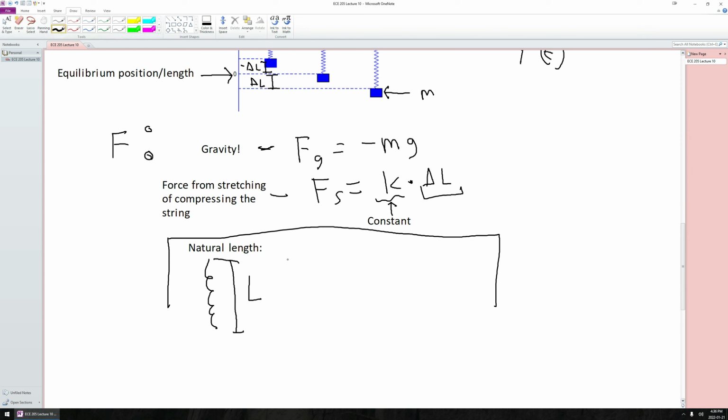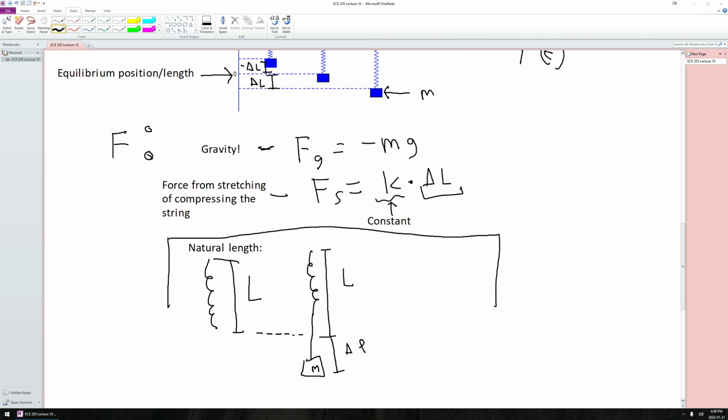Now the next thing I could do is take the same spring and attach some mass m to it down here. This will increase my length from this natural length of L to some new length, let's just say L plus delta little l.